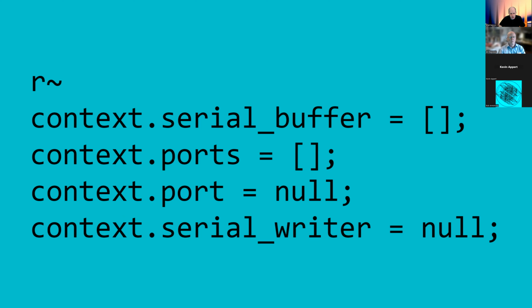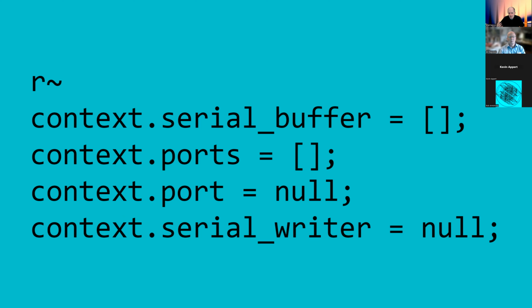So what I do to support serial is set up a buffer to store inbound data from the serial port. I make a simplifying assumption, which is that I'm going to deal with only one serial port at a time. So the support that I've added is not general. It does not let you talk to several at once.